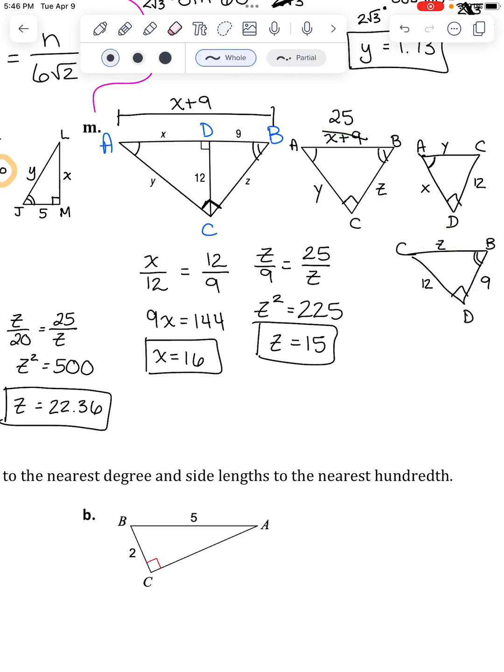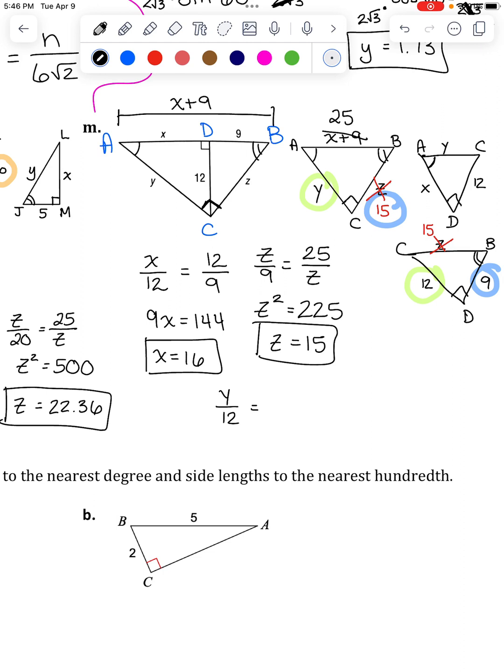Now that I have that, now I'll be able to solve for y. Because now I know that this right here is 15, and this right here is 15. So when I make my pairings, y goes with 12, and I can do either this 15 with this 9, or I could have done the 25 and the 15.